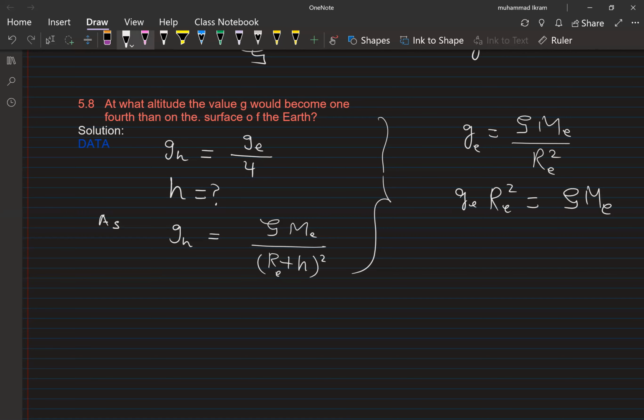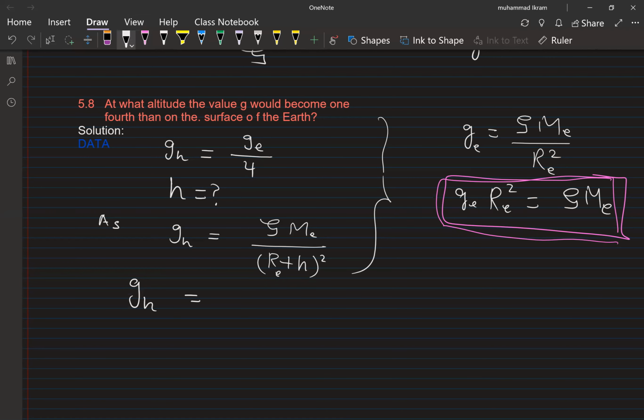If I use this equation, it will look like this: g_h equals g on earth into Re square divided by (Re plus h) whole square, where Re is the radius of the earth.